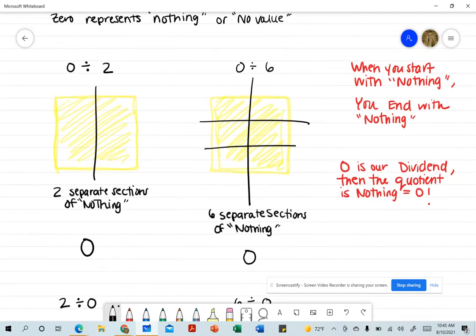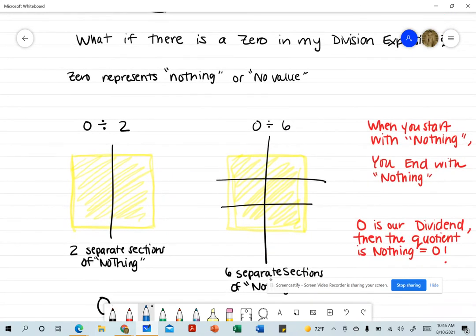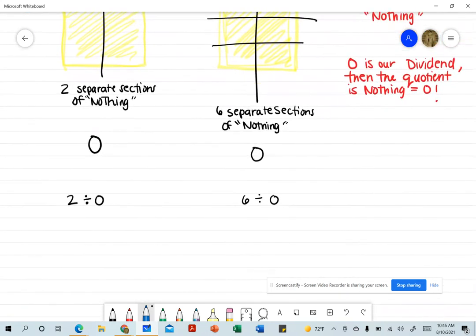So I'm going to put this up here. 0 is your dividend, right? It's what you start with. Now, going down, 0 is our divisor. It's what we are cutting 2 and 6 by. So it's second now, right?